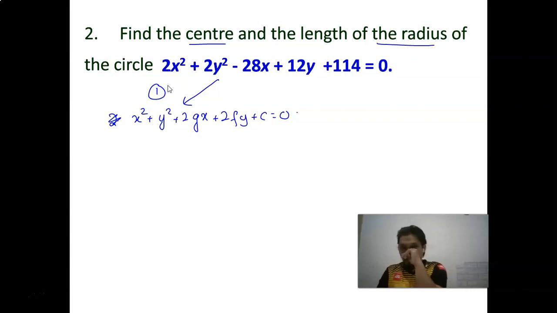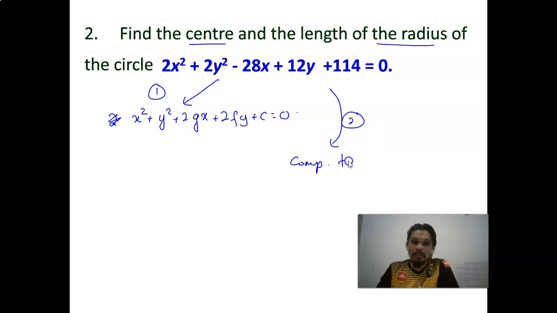This is method number 1. Or method number 2, by completing the square. Find out the center and the length of the radius of the circle.